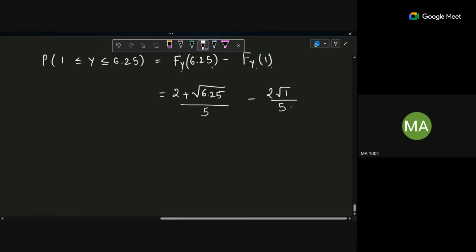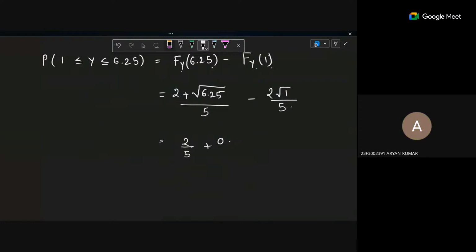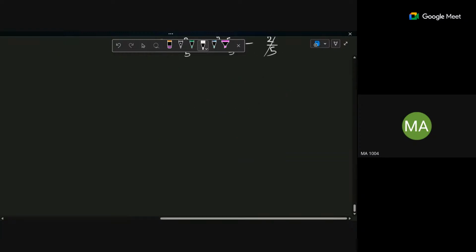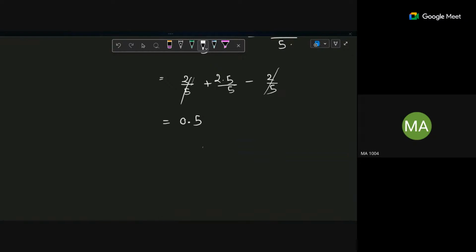So this 2 by 5 will cancel, and we will remain with the square root of 6.25 upon 5 minus 2 by 5, right? Square root of 6.25 is nothing but 2.5. So 2.5 upon 5, which will be 1 by 2, right? So 0.5. So this is your solution for this particular question.